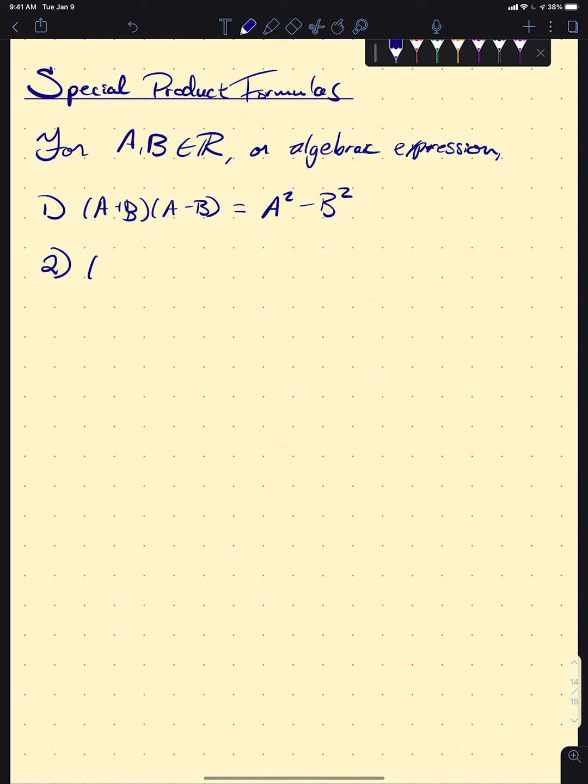Two, we have, say, A plus B squared, and we want to expand that quickly. That's A squared plus 2AB plus B squared.